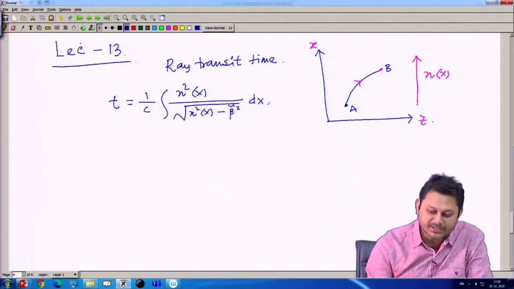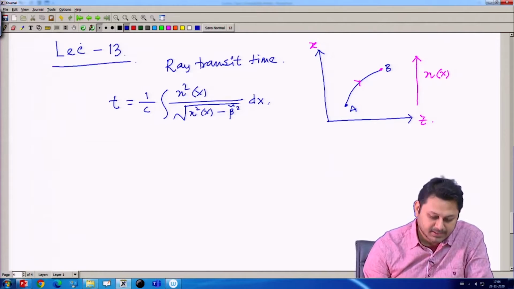So, if I know the variation of n(x) explicitly, then we can calculate the value of T.